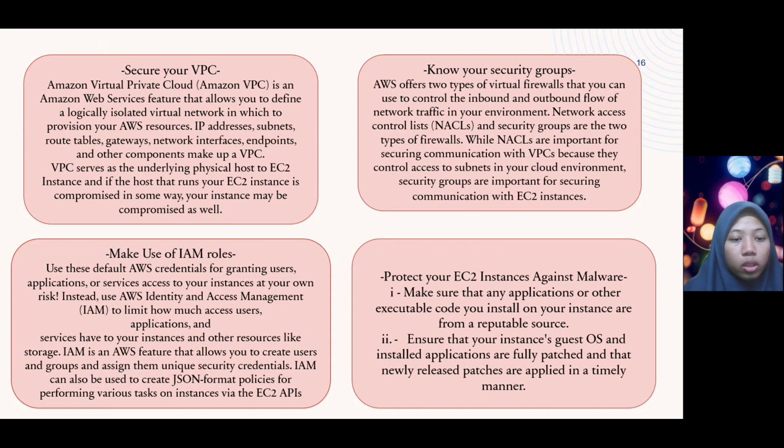IAM is an AWS feature that allows you to create users and groups and assign them unique security credentials. IAM can also be used to create JSON format policies for performing various tasks on instances via the EC2 API.